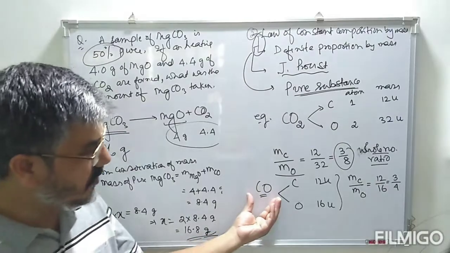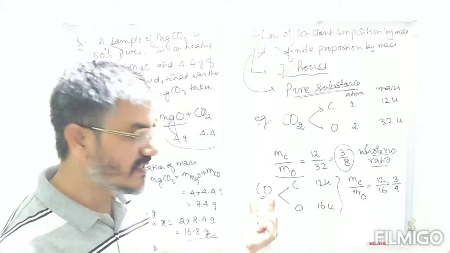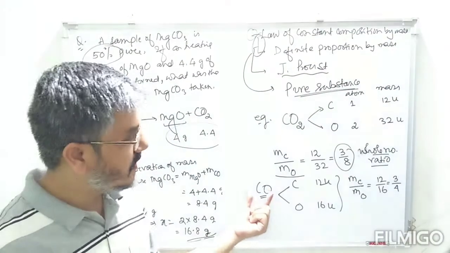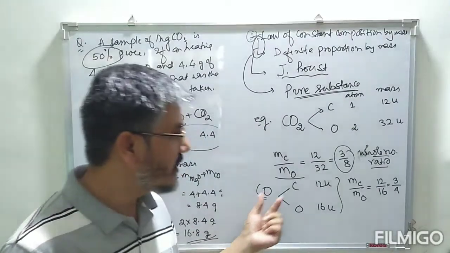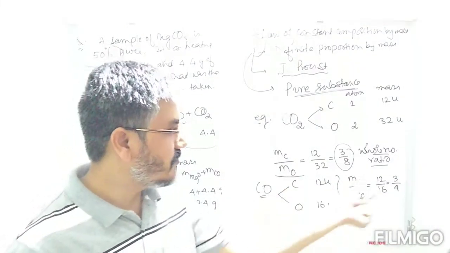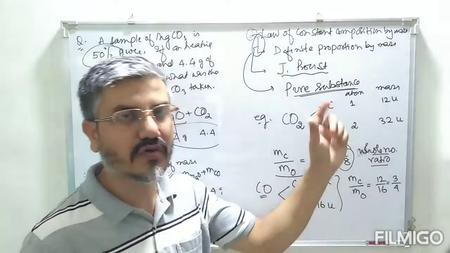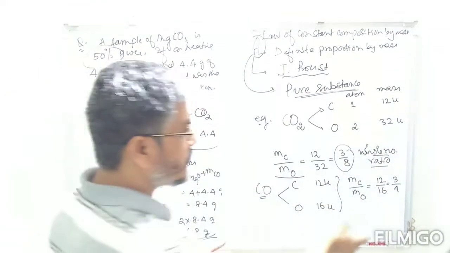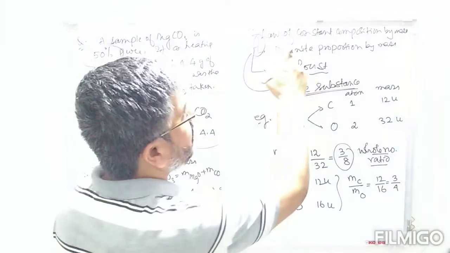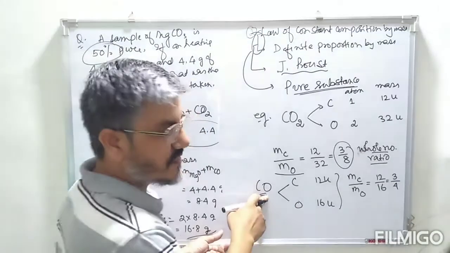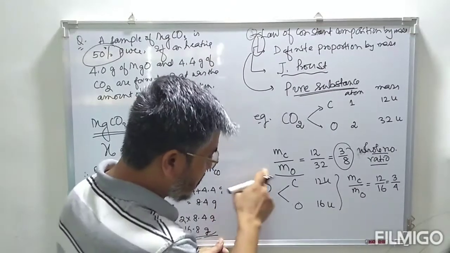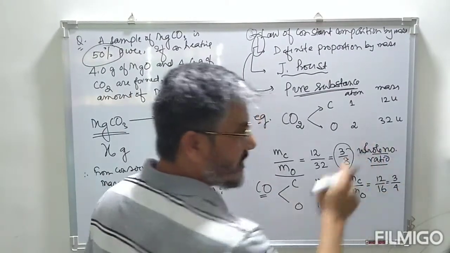So irrespective of the source of this carbon monoxide, a pure sample of carbon monoxide will always have this mass ratio, that is 3:4. Look at this constant composition. Composition is always constant for a pure sample, which means this mass ratio is fixed.